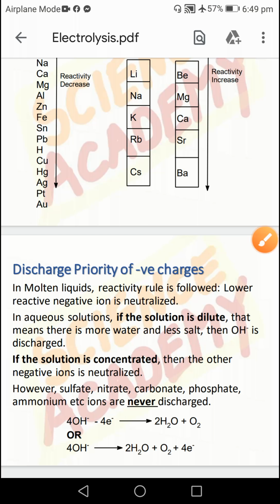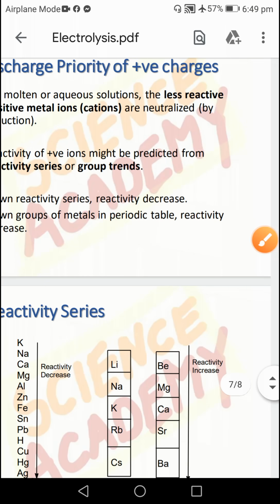Okay, let me give you an example. For example, group 7 is fluorine, chlorine, bromine, iodine. I'm not writing astatine. For example, a solution contains fluoride and chloride.